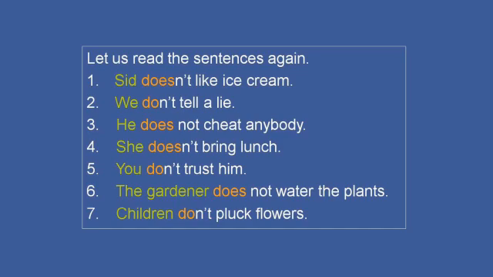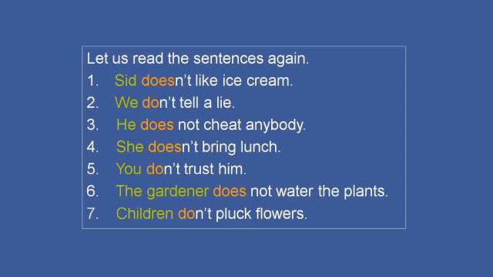Third, he does not cheat anybody. Subject is he, so we use does with it. Fourth, she doesn't bring lunch. Here the subject is she. So we use does with she.